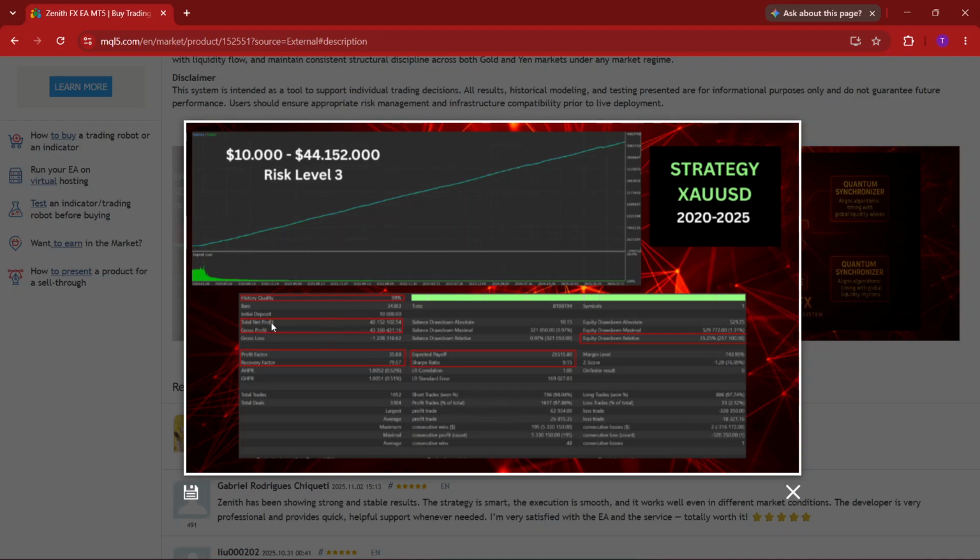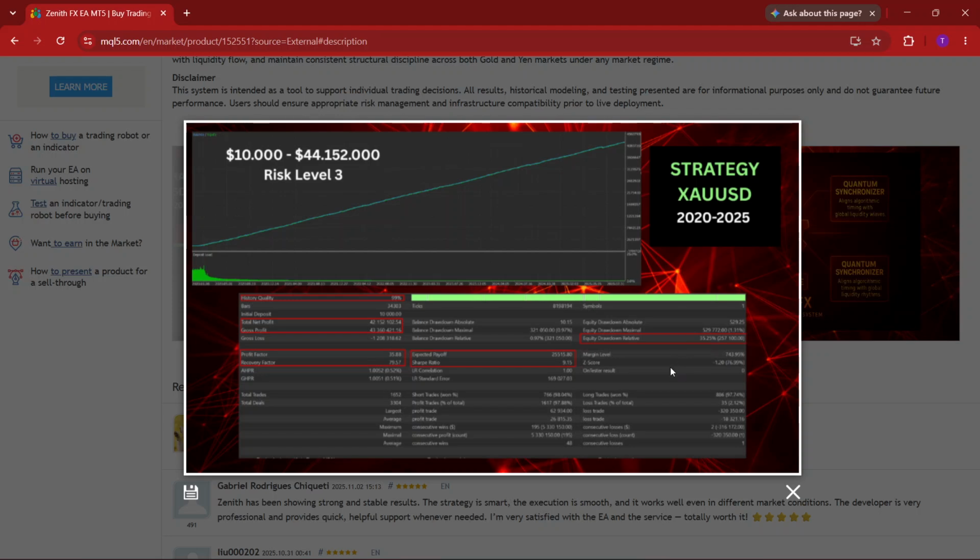They had total net profit $42,152,102. That's the total net profit. Profit factor of 35.88, recovery factor of 79.57, and similar for the profit factor in Japanese yen. We have a balance drawdown 0.97 and 35.25 for equity drawdown relative.